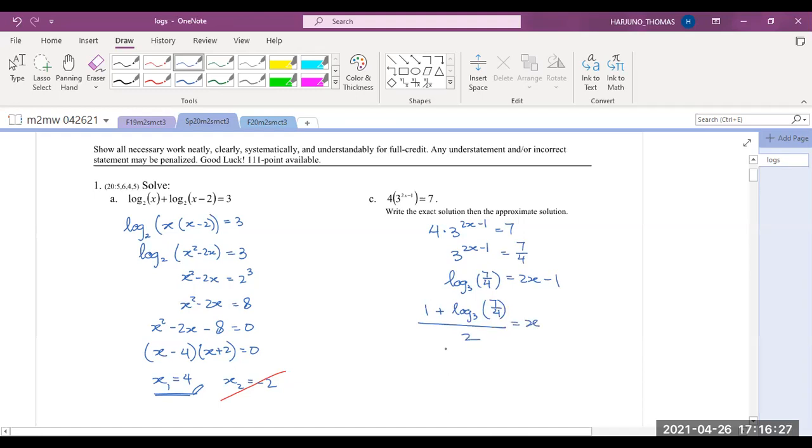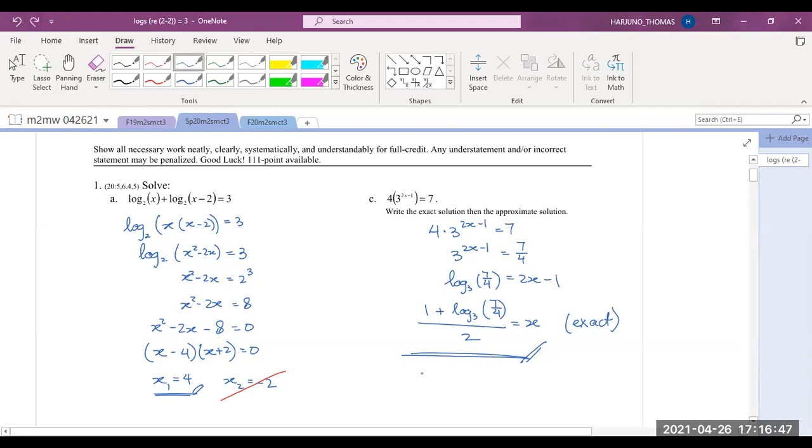Now, this is the exact solution. And if you want to make it into decimal, here it happens to be a nice decimal. This is 1.75, right? If it is a nice decimal, go ahead, change it into decimal.